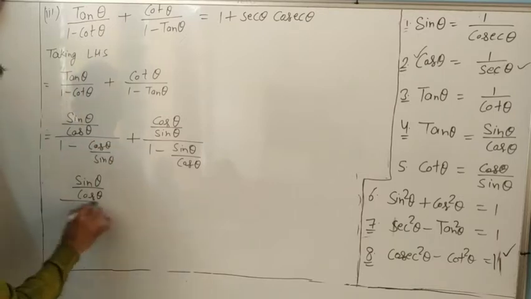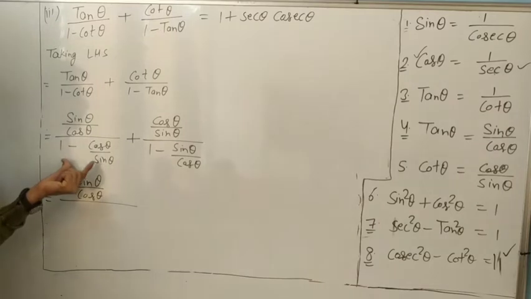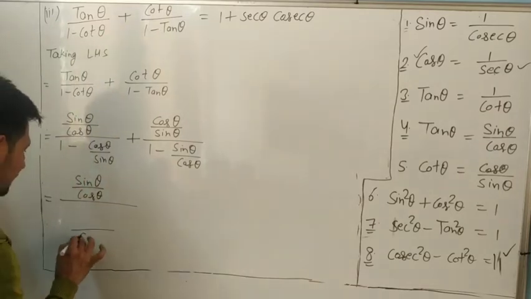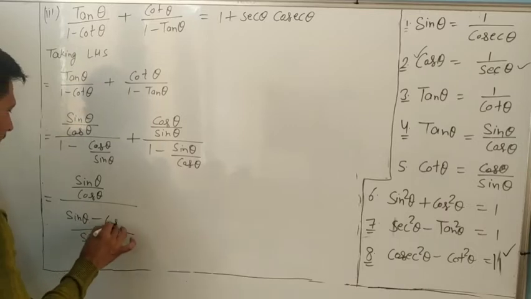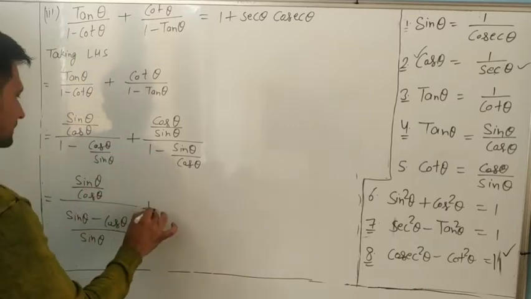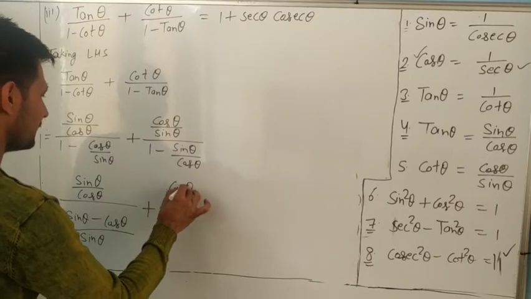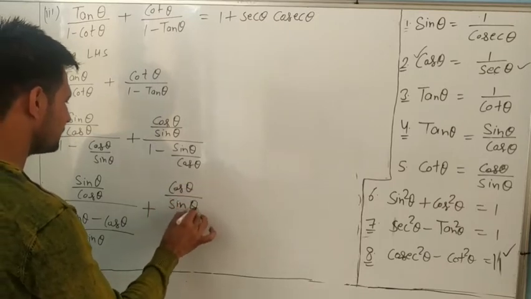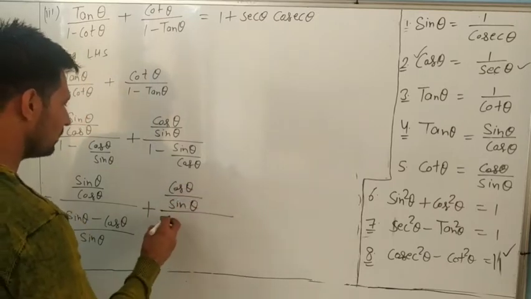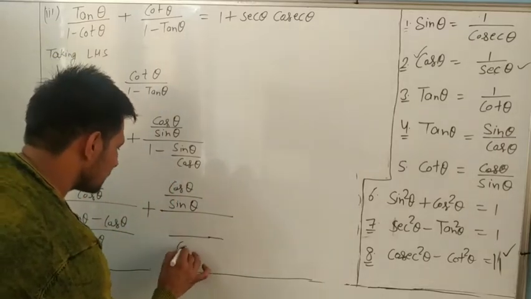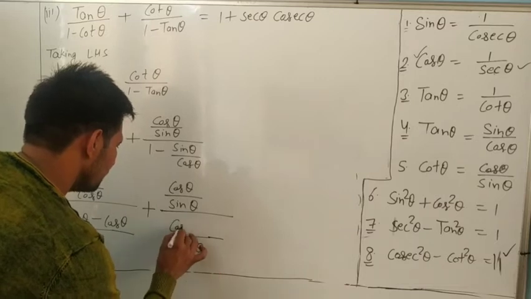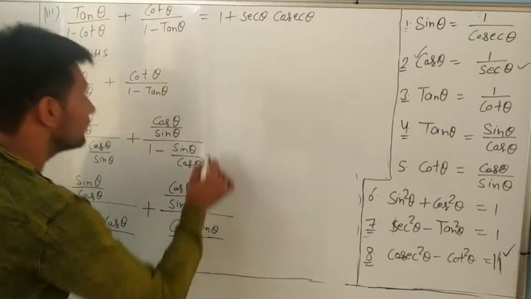Now these two are again fractions, and how to add? By taking LCM. So it is sin theta minus cos theta upon sin theta, plus cos theta upon sin theta; again the LCM is cos theta, it becomes cos theta minus sin theta.